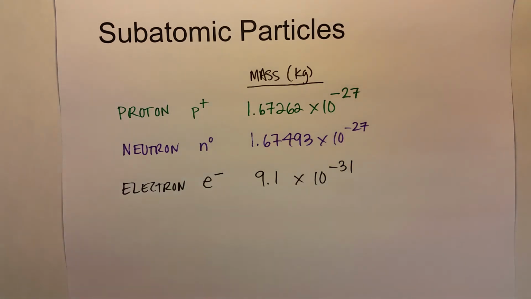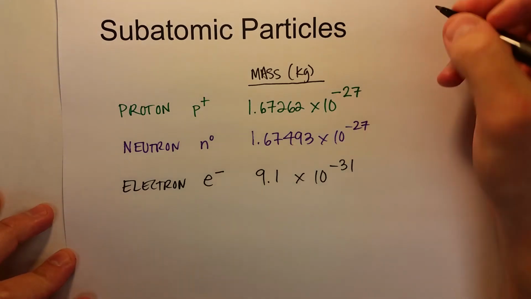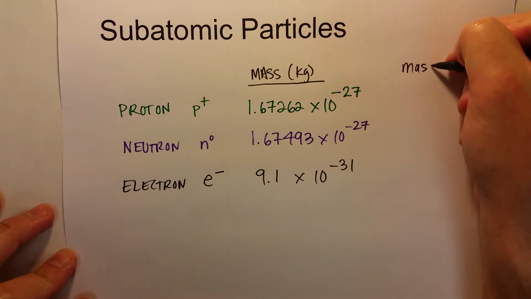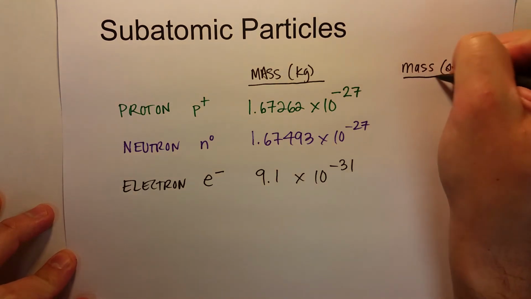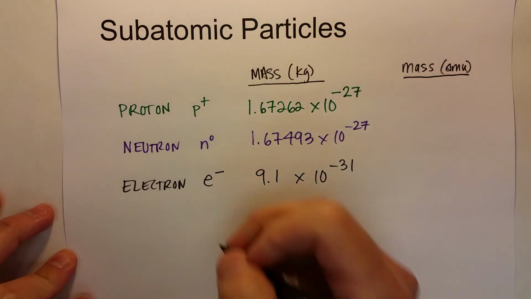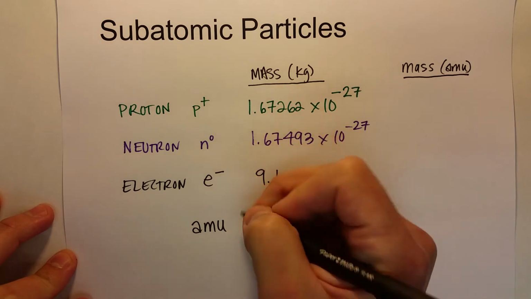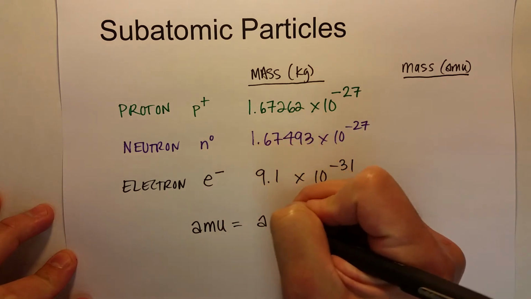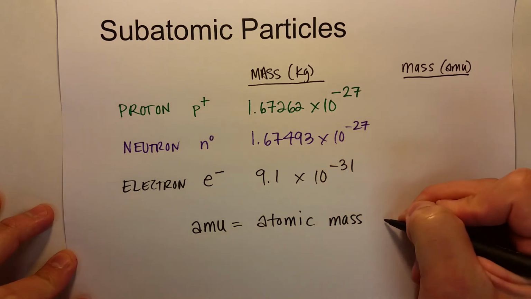Now, as you can see, those are very, very small masses. And so another unit that we could use in terms of mass is what's known as the atomic mass unit. So an AMU, something that we'll use very early on in this course, is an atomic mass unit.